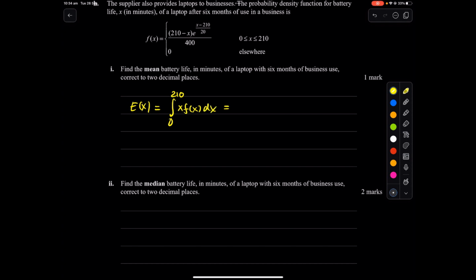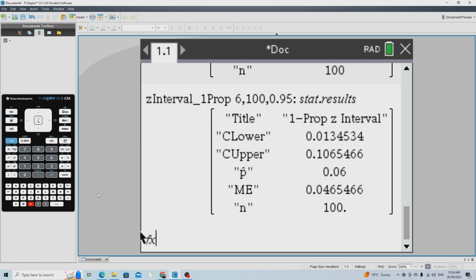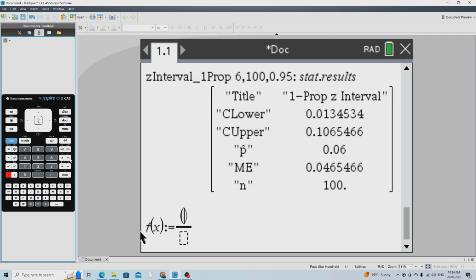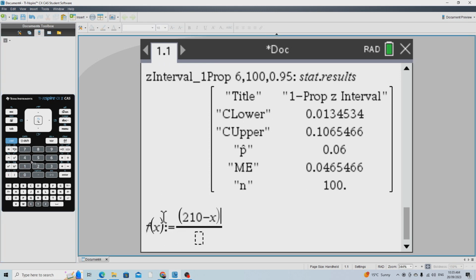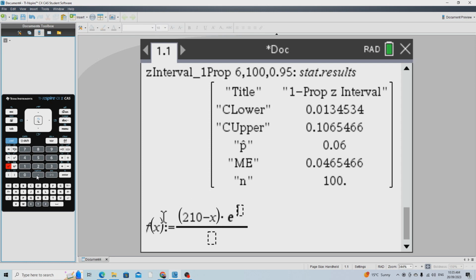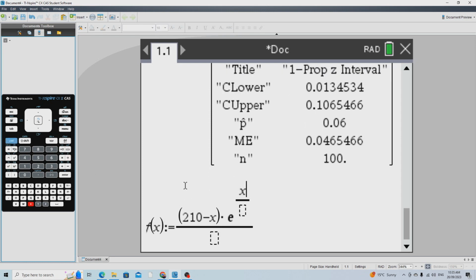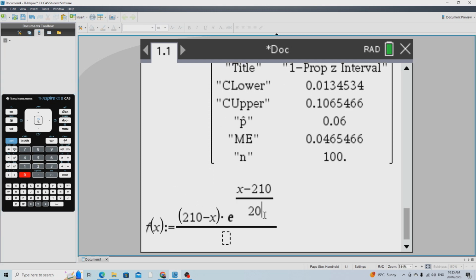Let's use our calculator. Let's just define f(x). So f(x) is 210 minus x, times e to the power of (x minus 210) over 2400.